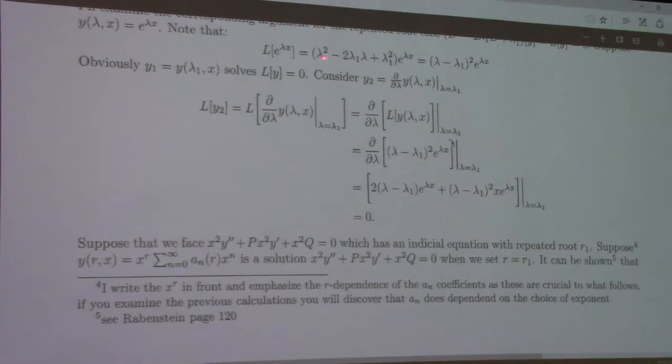The indicial equation is r squared minus 2 r1 r plus r1 squared, which can be rewritten as (r minus r1) squared times the Frobenius solution of r comma x. And then the derivative of the Frobenius solution with respect to r, after we set r equal to r1, should be a second linearly independent solution to the Frobenius case of a repeated root.